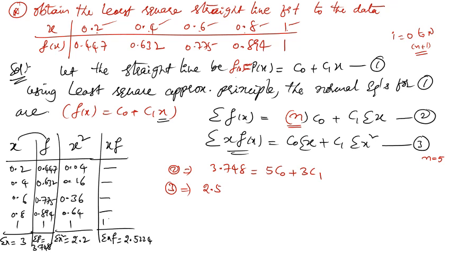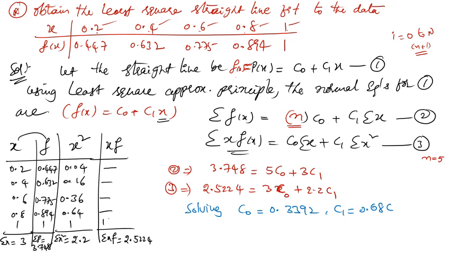And equation 3 implies sigma fx, 2.5224 equals c0 sigma x, that is 3c0, plus sigma x square c1, 2.2c1. Solving, c0 equals 0.3392 and c1 equals 0.684.